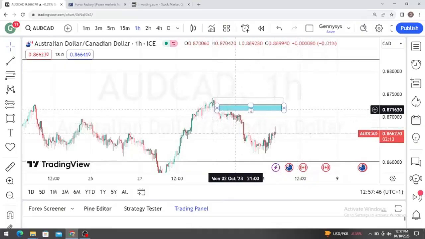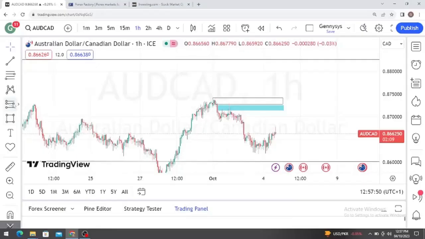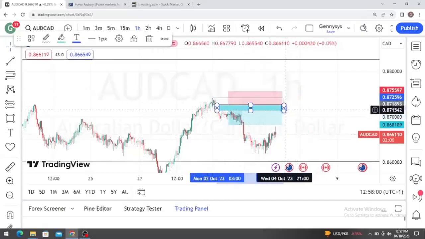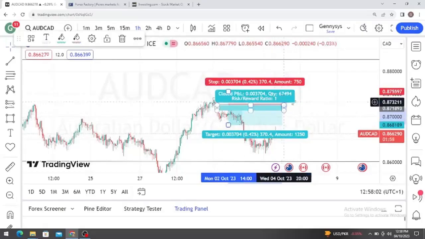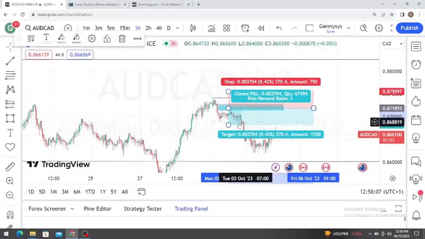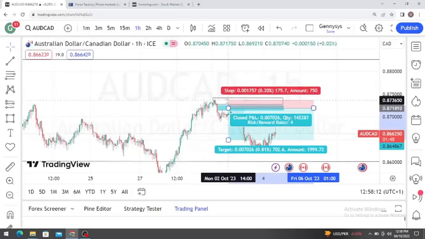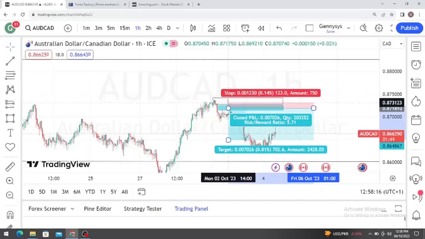Another way to have played this would have been to use 50% of the imbalance, somewhere in the middle right there. The stop loss would have been up above the wick of the candle that had the imbalance.